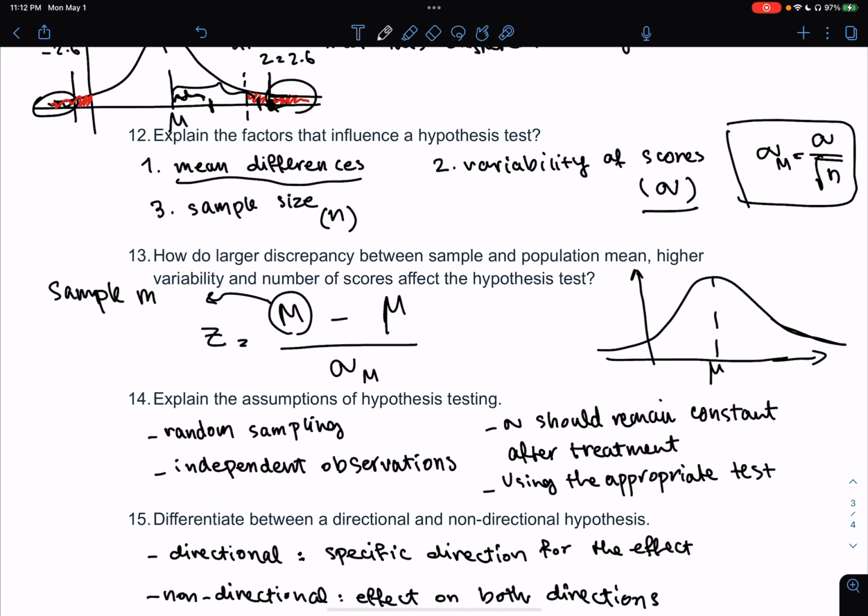This is the population mean. Or basically, the mean of sample means. It's like a lot of means.